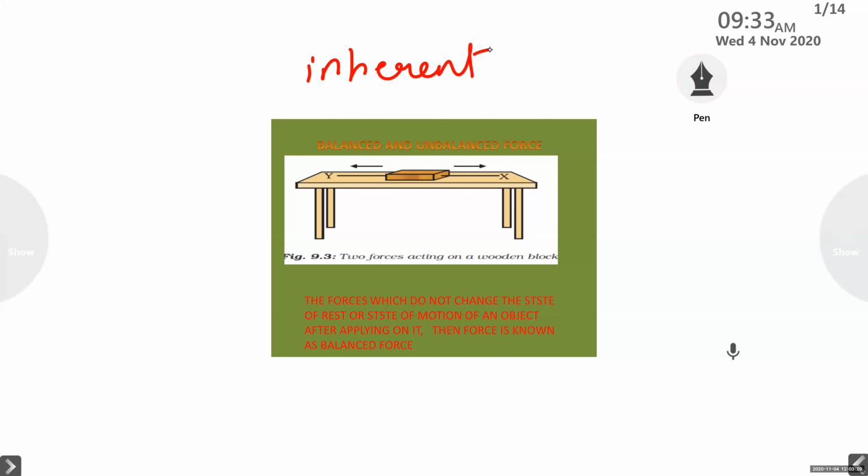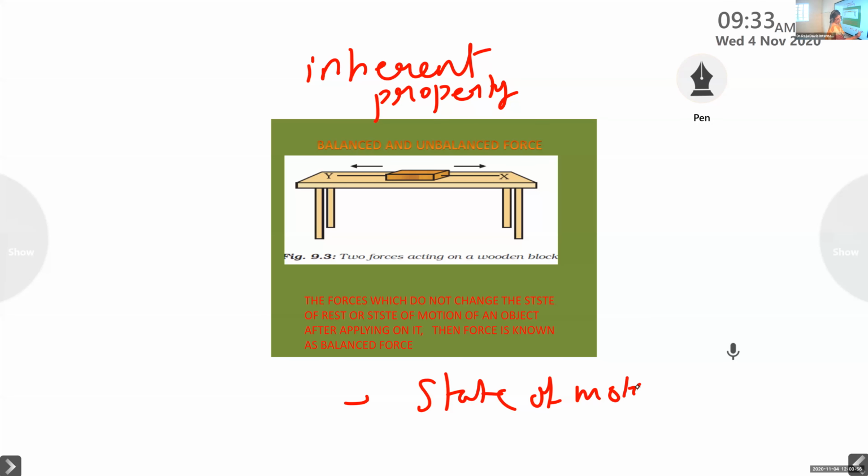It is the inherent property of an object to remain in its state of rest or state of motion when an external unbalanced force is applied.